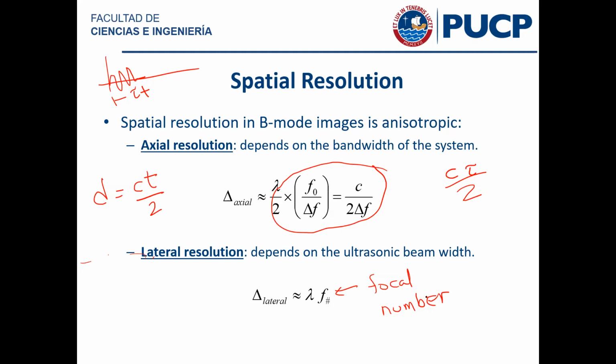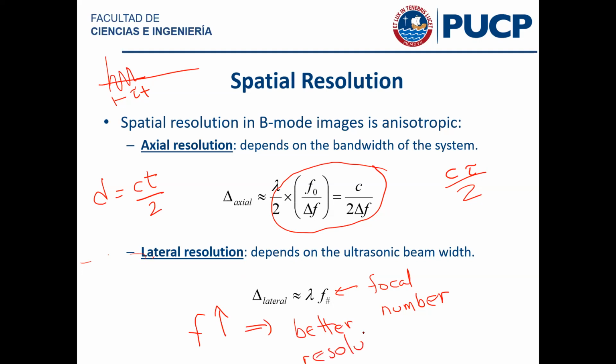Which means that technically speaking, the higher you go in frequency, the better the resolution of your system. You would be able to look at smaller structures if you go to higher frequencies.